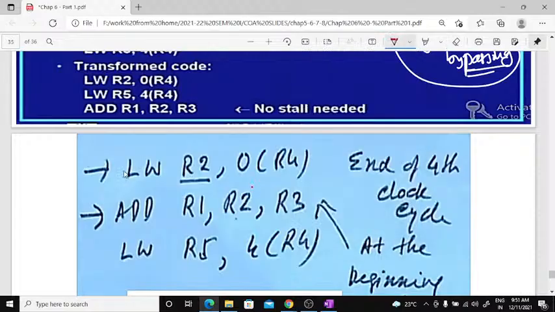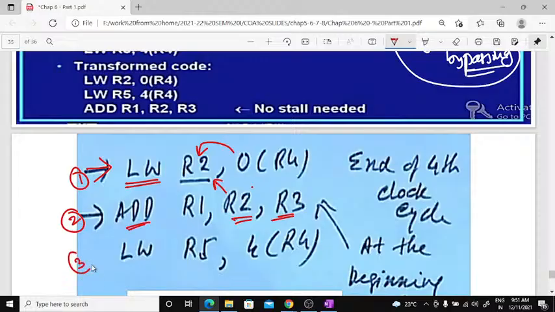So here you can observe the load instruction is there. This is the first instruction. The second instruction is the add instruction. In the first instruction you can observe R2 is loaded, and in the add instruction R2 and R3, so there is a dependency. The second instruction depends upon the first instruction.